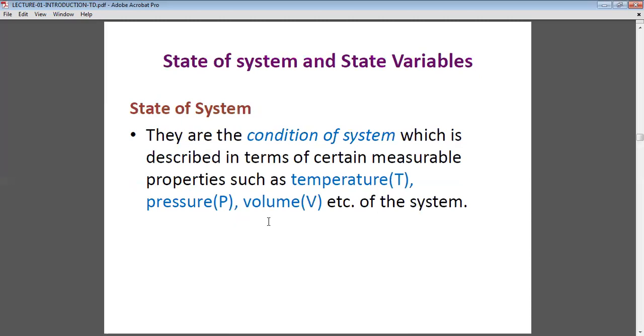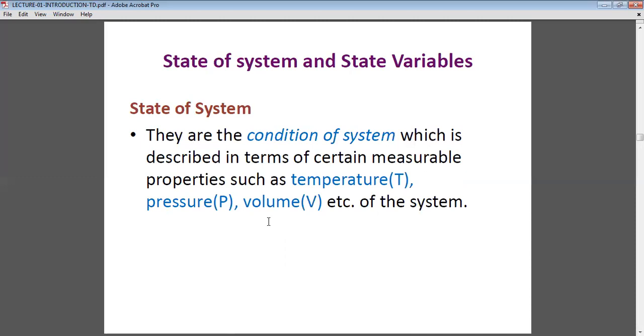So next, state of a system and state variables. If we want to define a system, we need certain variables. For example, if we say that the system is at a particular temperature, particular pressure, if you take any body or any system or anything in the universe, if we want to define that system, we have to mention its temperature, from a thermodynamics point of view.